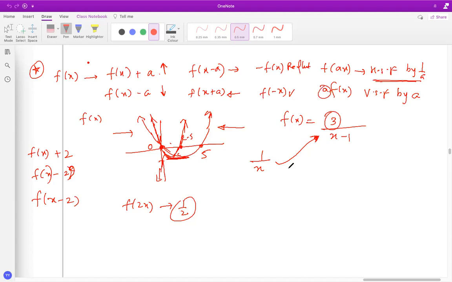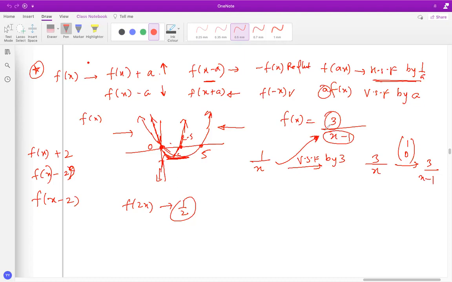If I make a vertical stretch by a factor of 3, I get the 3 over x graph. Then move the entire graph 1 unit to the right. If I move the graph 1 unit to the right, it's as good as saying translation vector (1, 0). That gives me the answer here.